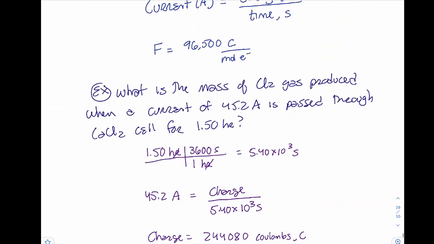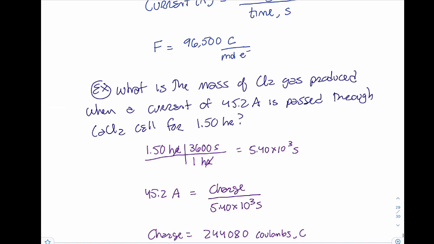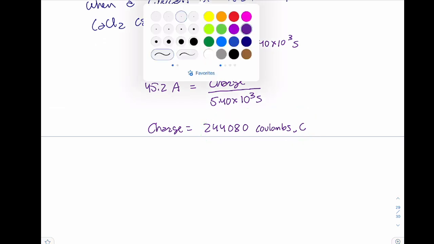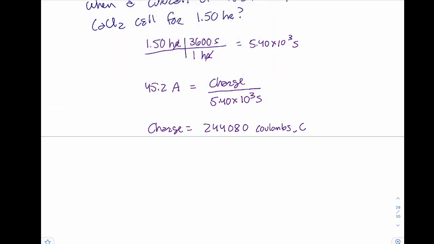So now that we have the number of coulombs, it's really just going to be dimensional analysis. Again, we're going to use our Faraday constant as our conversion factor between coulombs and every mole of electrons. So I'm going to start out with this number. Oh, significant figures. I said I would round after. I'm just going to underline this to keep track of it.